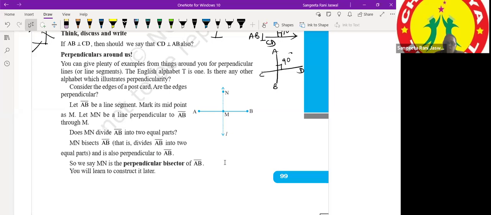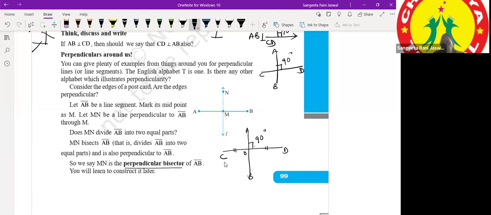Now you have another term, that is perpendicular bisector. Suppose two lines are intersecting each other making an angle of 90 degrees, and at the same time this line AB is dividing CD into two equal parts. Are you understanding?